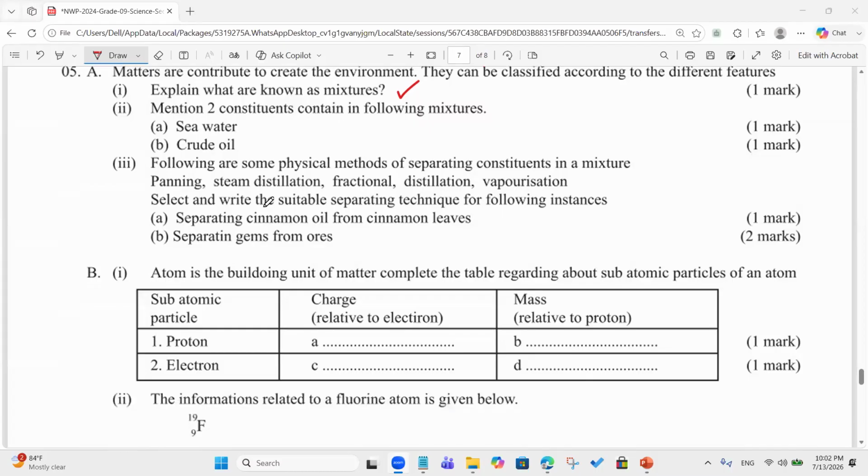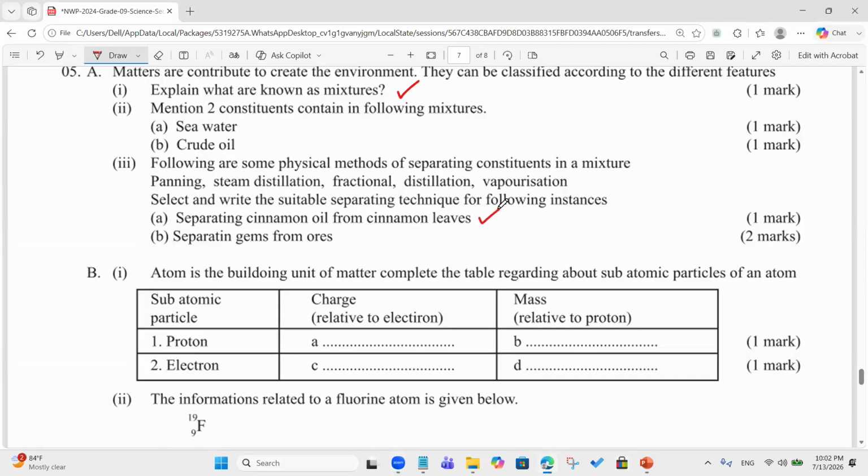And you are given some methods, right? Following are some physical methods of separating constituents in a mixture. First one, panning, steam distillation, fractional distillation, vaporization. So the first one, separating cinnamon oil from cinnamon leaves. What's the method?